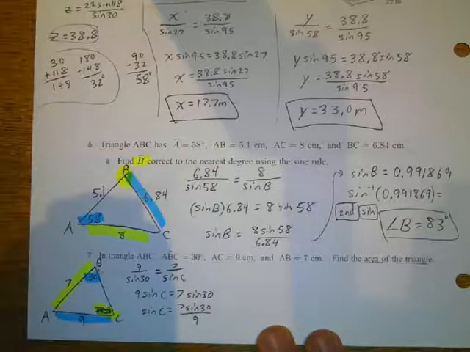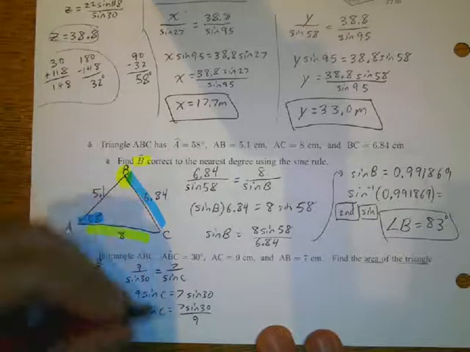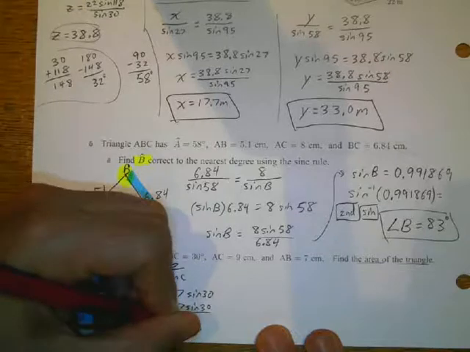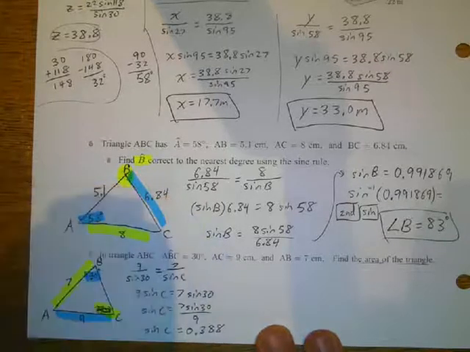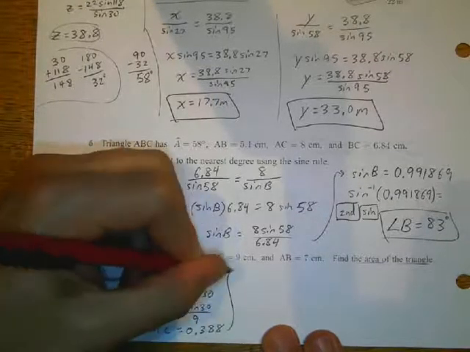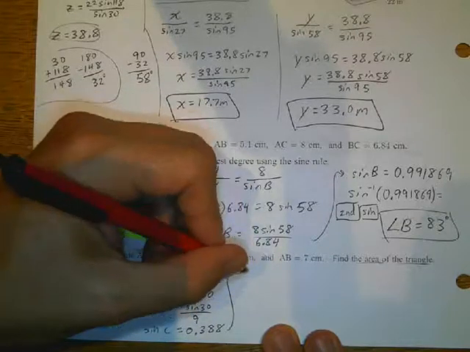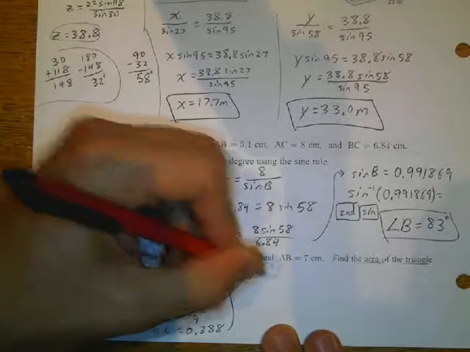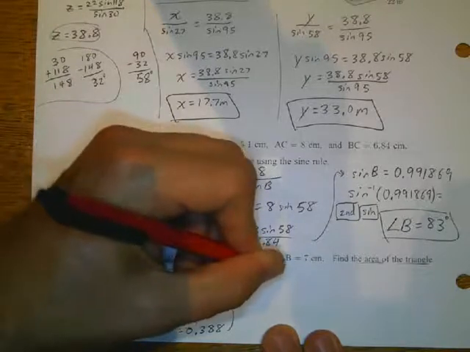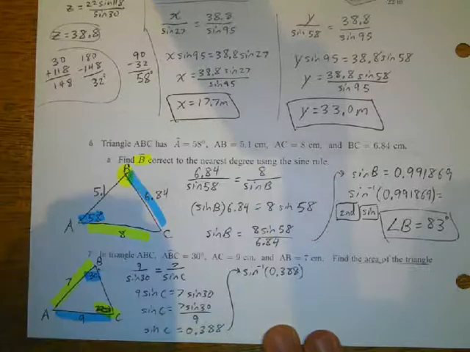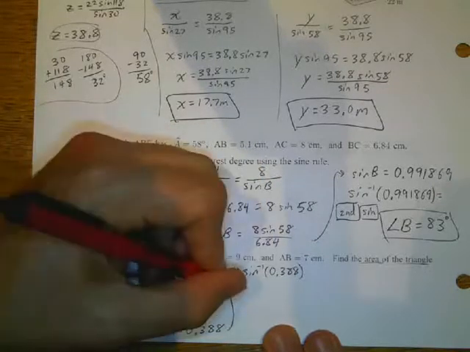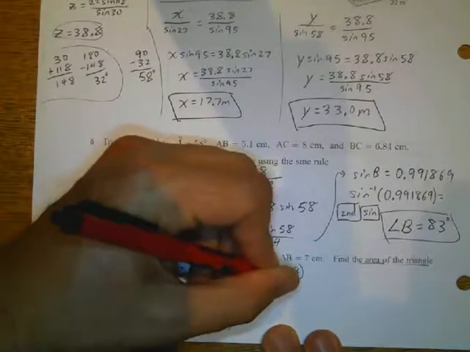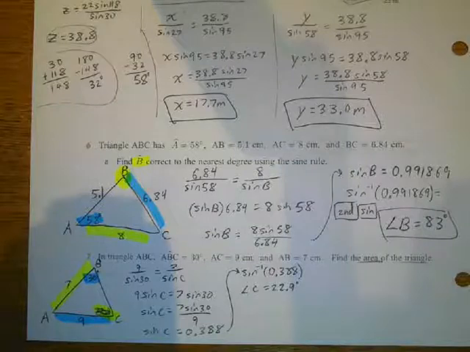And then we get sine C equals 0.388. And now to convert that to the angle, I'm going to do the inverse of that, and then we get angle C equals 22.9 degrees.